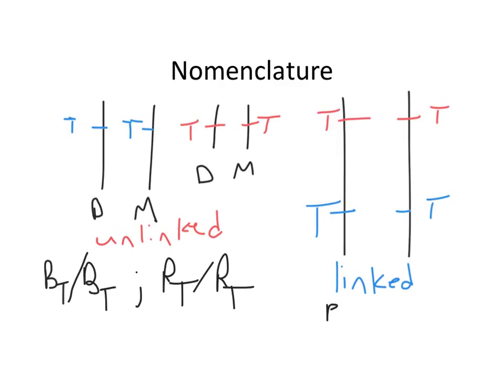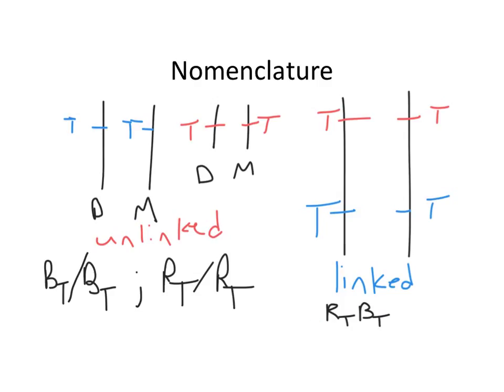We still have red tails, but it's physically next to a blue tails. So we write out what's on one piece of DNA, the gene and the allele next to each other with nothing separating them. They're physically linked, so we write red tails and blue tails just like that.